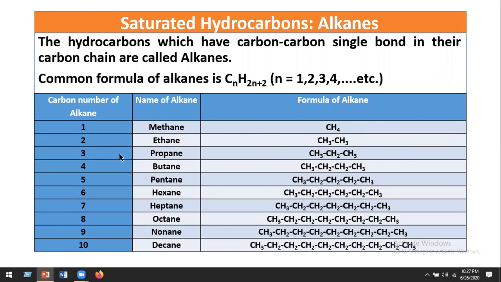When n equals 3, the alkane is propane, with the formula C3H8 or CH3CH2CH3. Similarly, n equals 4 is butane, n equals 5 is pentane, then hexane, heptane, octane, nonane, decane, and so on.